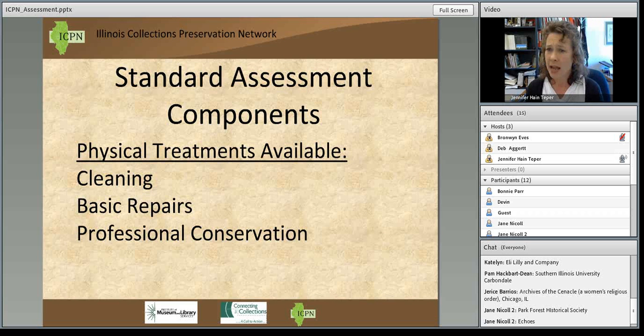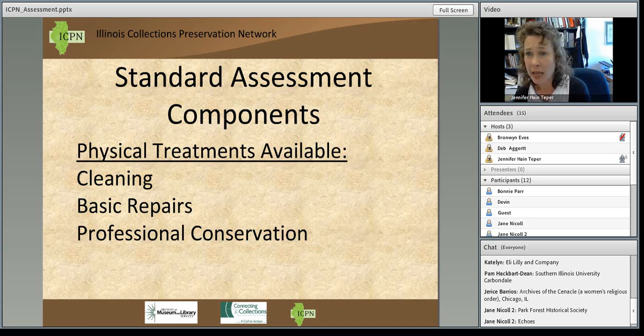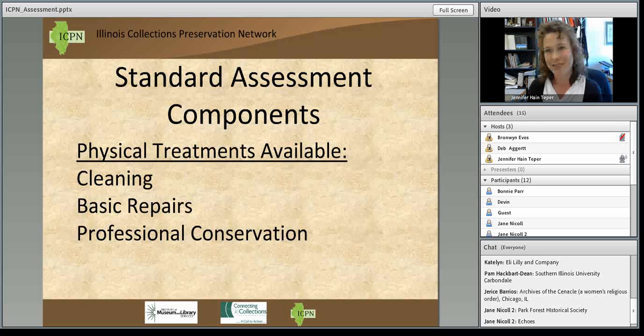Do any of your staff have training on very basic levels of repair or cleaning? Depending on your material type, some of these are a lot more challenging to get even that level of training out to you. Textiles can be very challenging. Honestly, photographic collections can be very challenging. Any material, depending on the age and the fragility, can be very challenging, but some present more challenges than others.